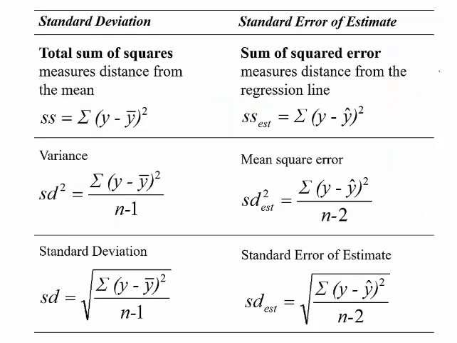Now let's look at how we would calculate the standard error of estimate and see how that compares to a standard deviation. They're very, very similar formulas. Previously, when I gave you the formula for a standard deviation, I used an x rather than y, but we can use x or y. Because with regression, we always use x to predict y, y is the thing that's getting predicted.